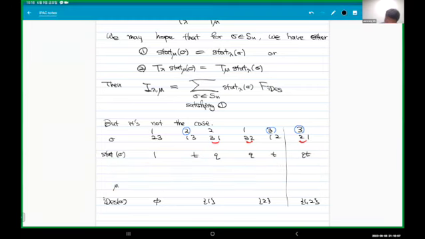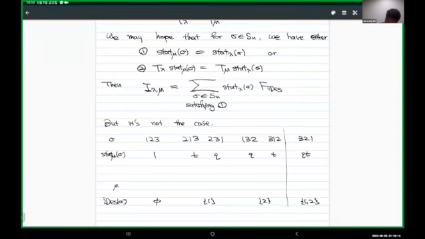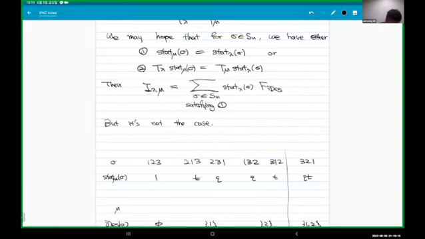Okay. And I will write the permutation like this. Okay. And stat mu. So, for example, mu is 2, 1, and lambda is 3.